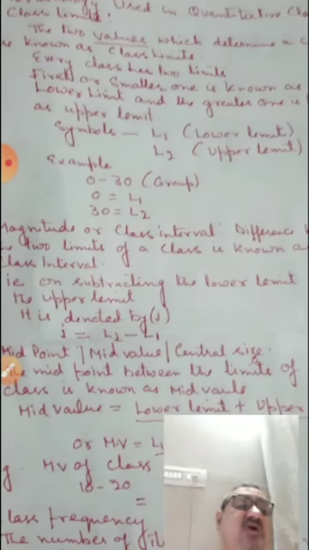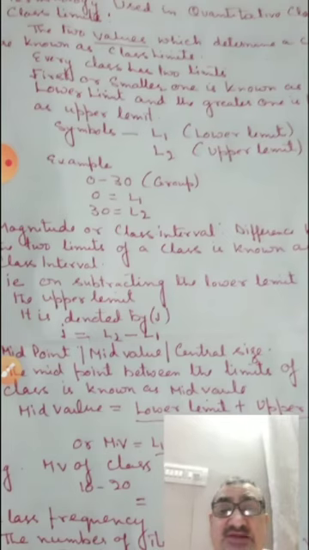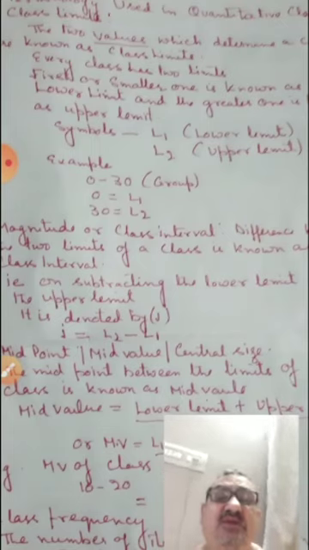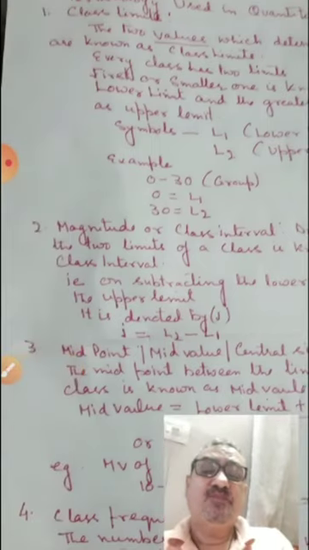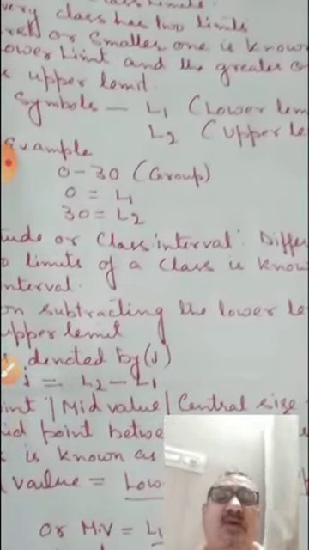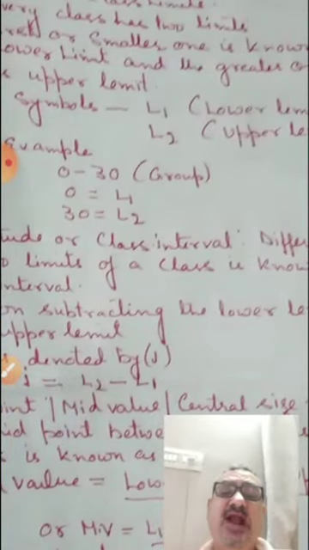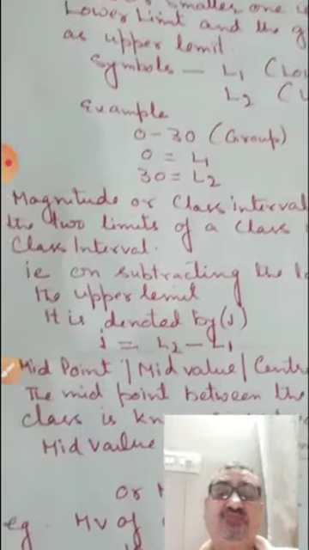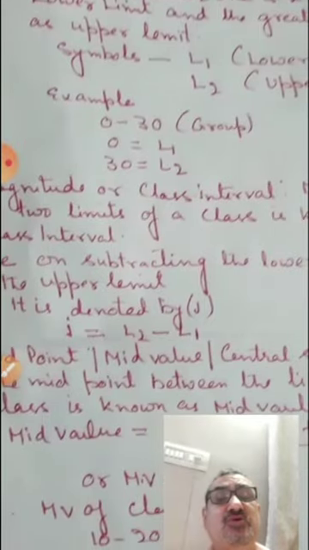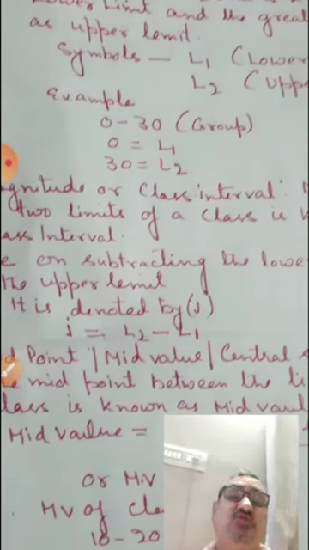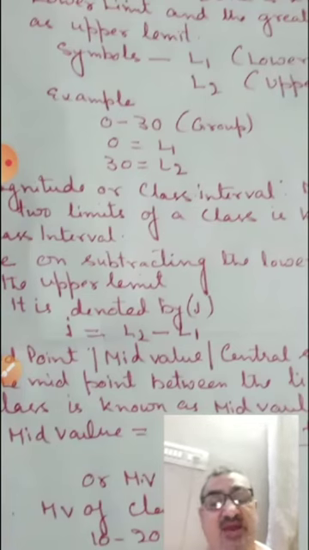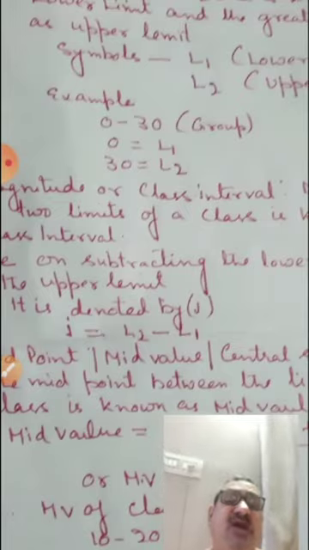The first or smaller one is known as the lower limit, and the greater one is known as the upper limit. The symbols are L1 for the lower limit and L2 for the upper limit. For example, if the group is 0 to 30, 0 will be L1 and 30 will be L2.